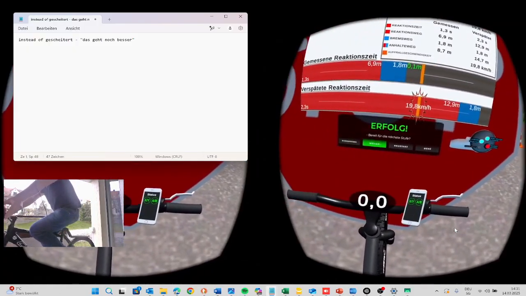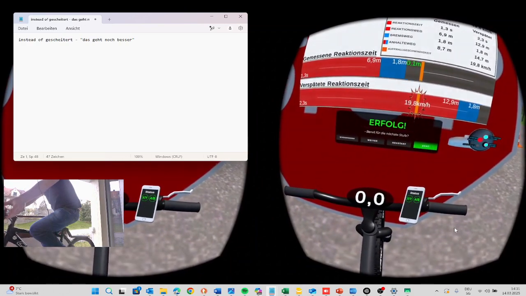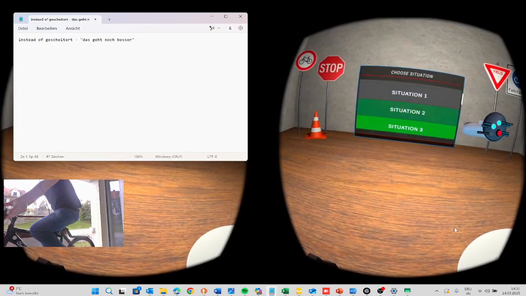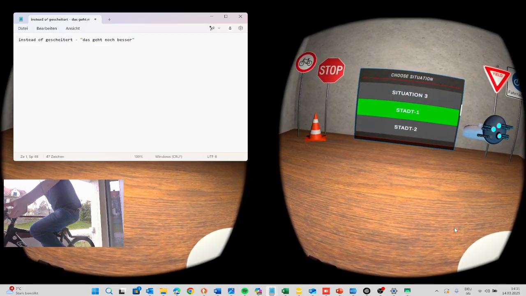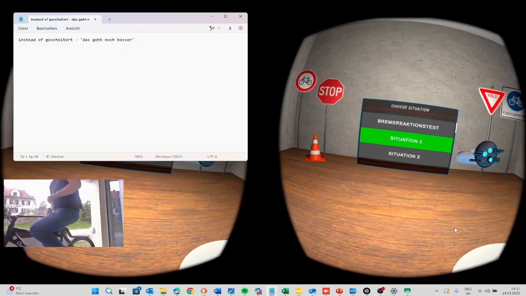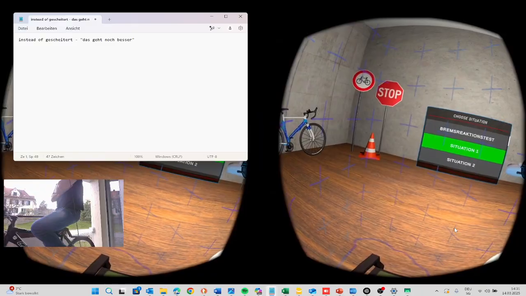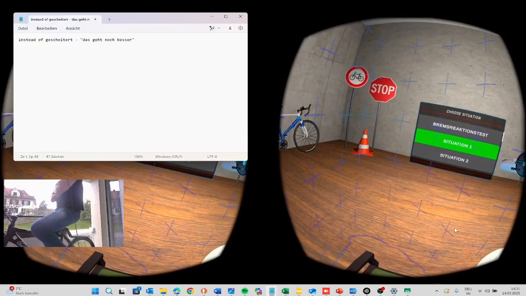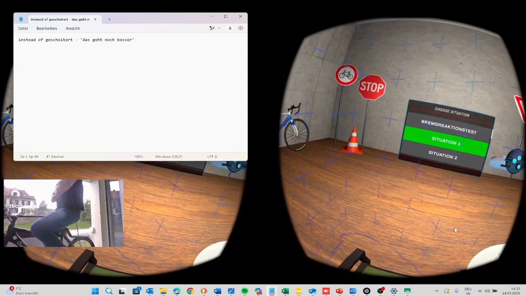So, and next scene, menu. Yeah, and I realized that maybe this situation 1, 2, 3, the first situation 1, is not useful for most European cities, because nobody drives with a bicycle on the left side.